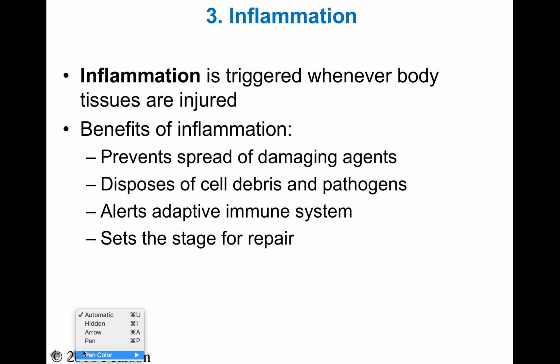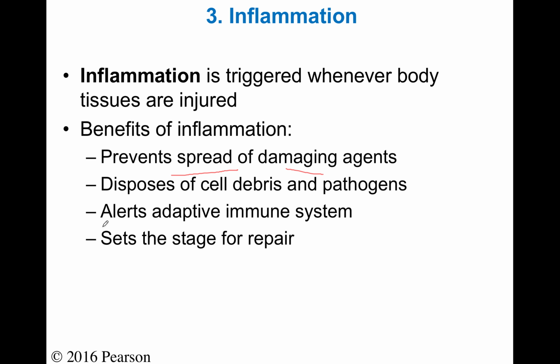Inflammation is another part of the second line of defense within your innate immunity. There are a lot of benefits coming from inflammation. First of all, through inflammation, you prevent the spread of the damage to the other parts of the body. You remove the cell debris and pathogens.